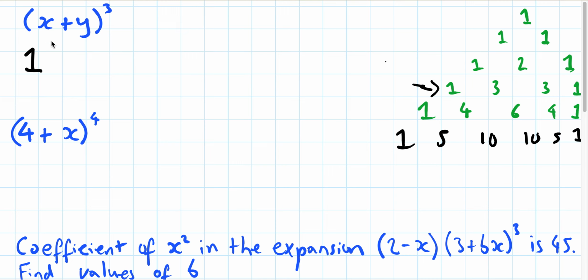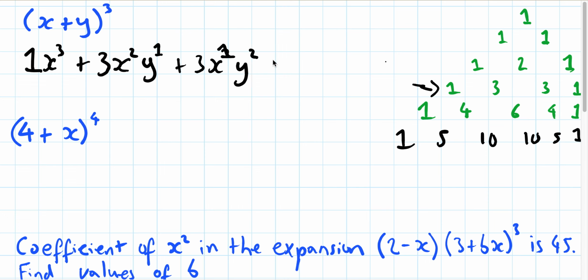So 1 times x to the power of 3, the first term, plus 3, which is the next coefficient, times x to the power of 2, and then now this term comes in, times y to the power of 1. You can see the indices will always add up to 3 for this example, plus 3x to the power of 1, and y to the power of 2.